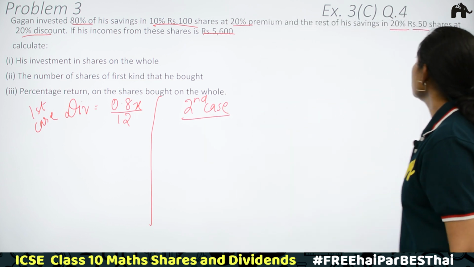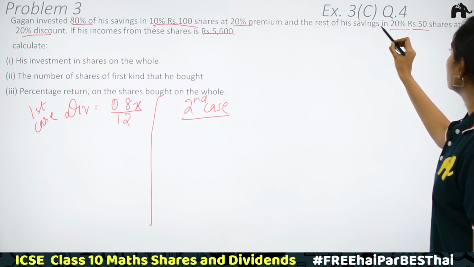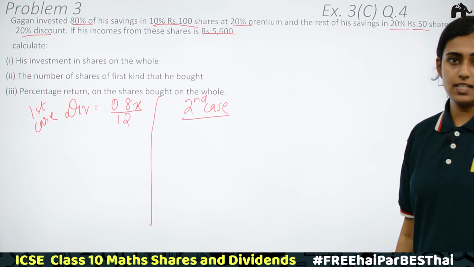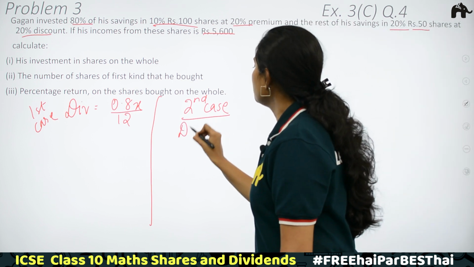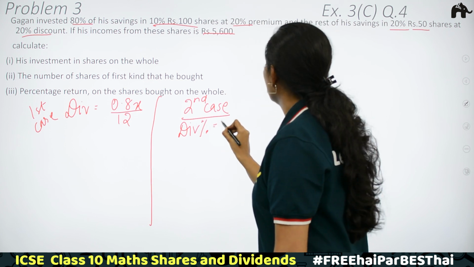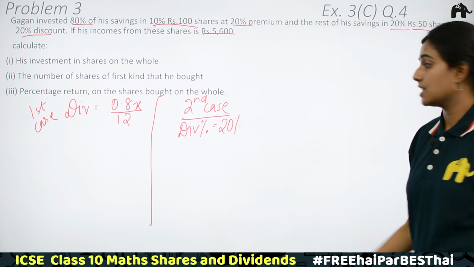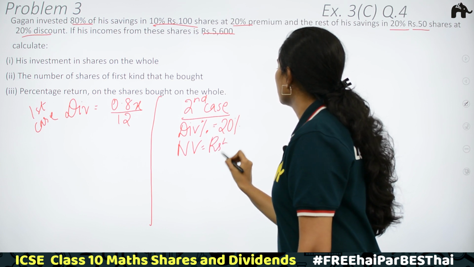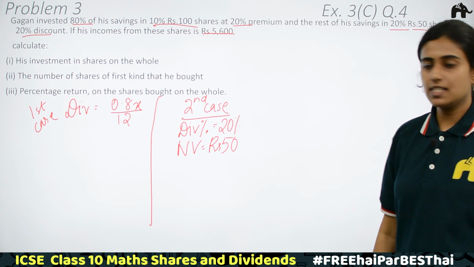In the second case, we have 20% rupees 50 shares at 20% discount, which means the dividend percentage is equal to 20%. Rupees 50 shares. Nominal value is rupees 50 at 20% discount.